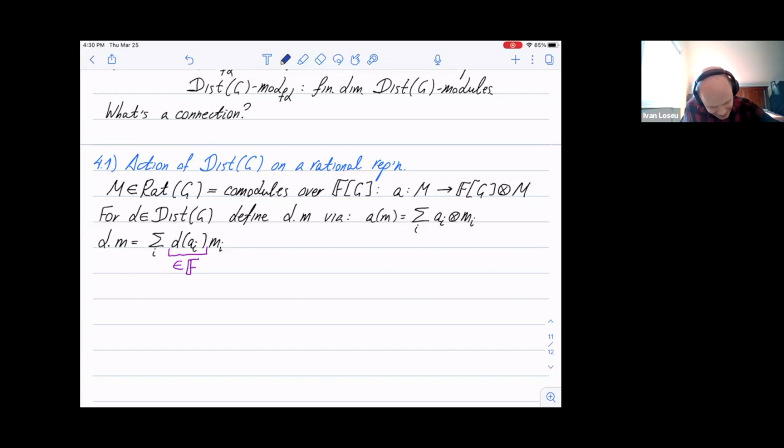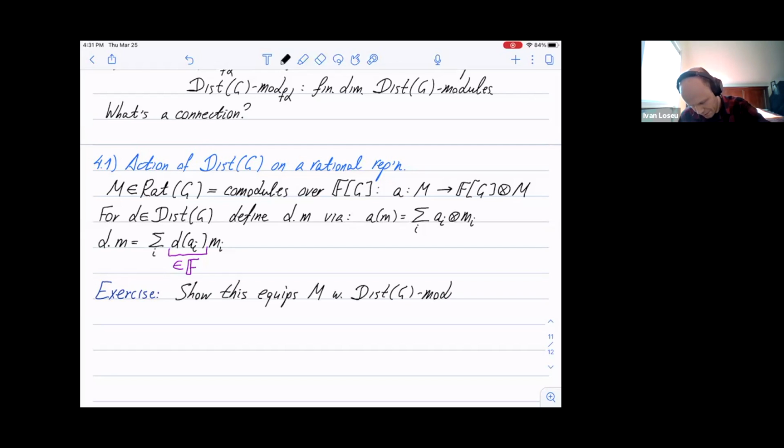If no questions, you get an exercise which is unpleasant, but is very good for your mathematical health. Which is the following: show that this equips M with a Dist of G module structure.